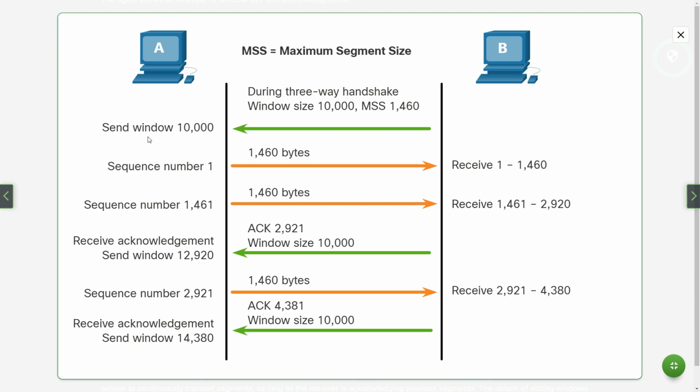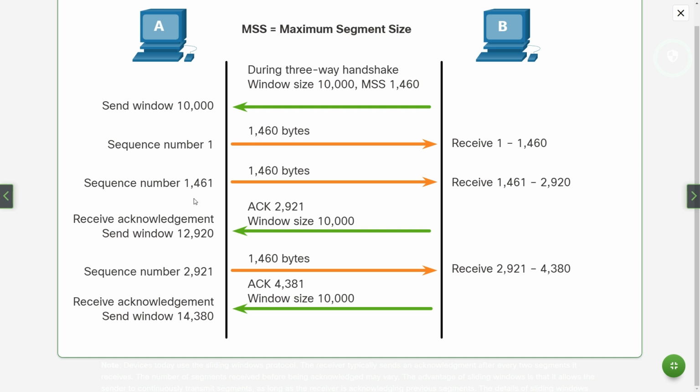Send window 10,000 during the three-way handshake, window size 10,000, MSS 1460, sequence number 1, sequence number 1461. Receive acknowledge, send window, sequence number.